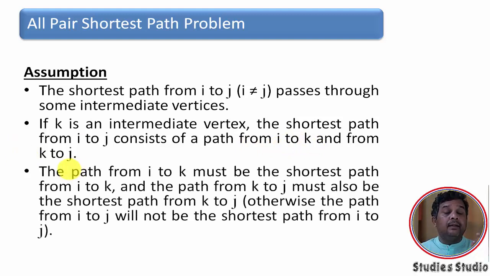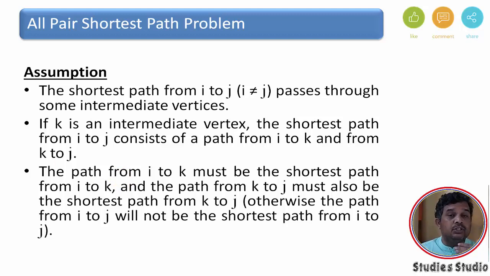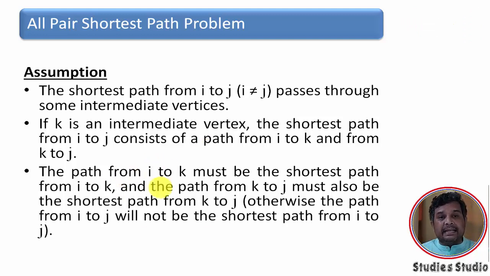And to make the path i to j shortest, i to k is supposed to be the shortest path and k to j is supposed to be the shortest path. Otherwise, i to j will never be a shortest path. So these are the basic assumptions that we have before we start all pair shortest path.